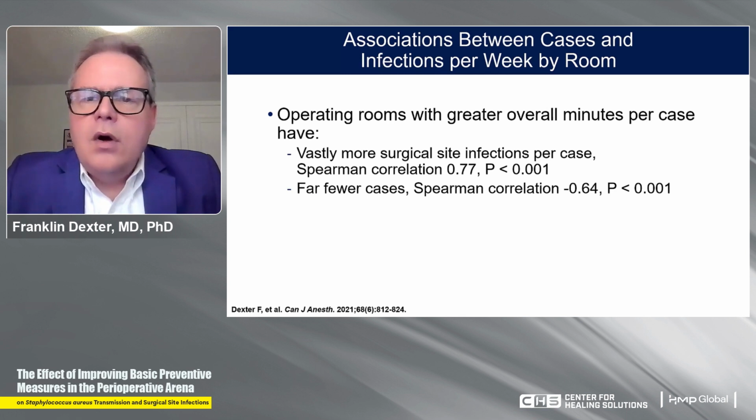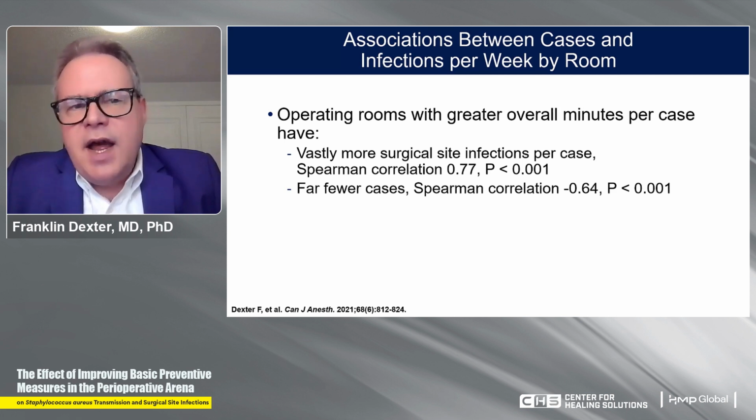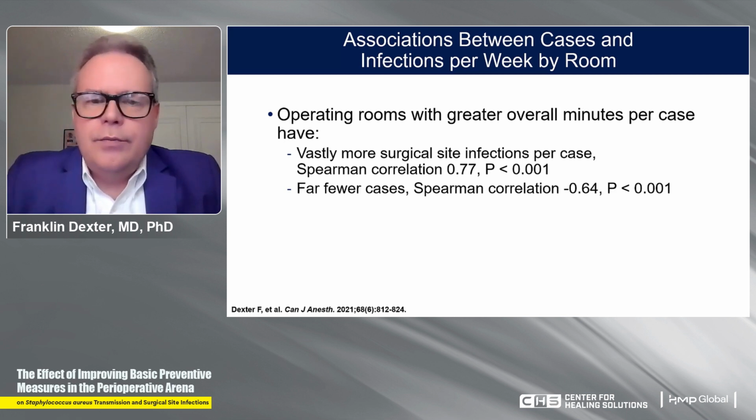Operating rooms with longer average case durations have a greater incidence of infection. So that's why the CDC's National Healthcare Safety Network adjusts the odds of a surgical site infection for surgical time. The relevant operating room management aspect is that longer cases mean fewer cases per day scheduled into the room.